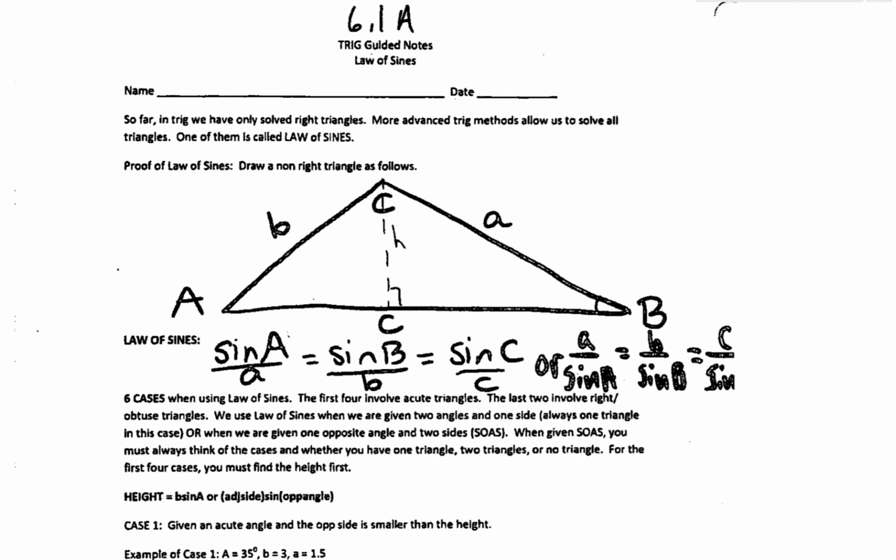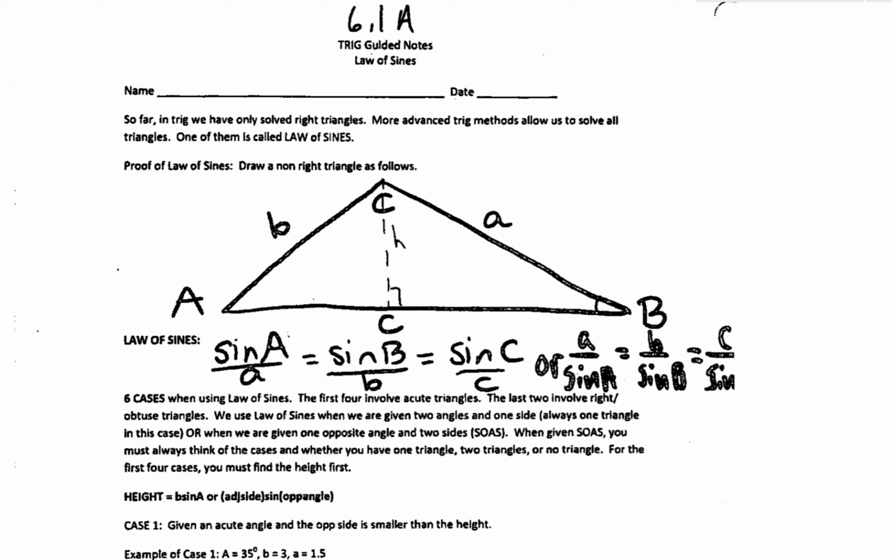When given SOAS, you must always think of the cases and whether you have one triangle, 2 triangles, or no triangles. For the first 4 cases, you must find the height first. Now, the height is going to depend on the orientation of your triangle.